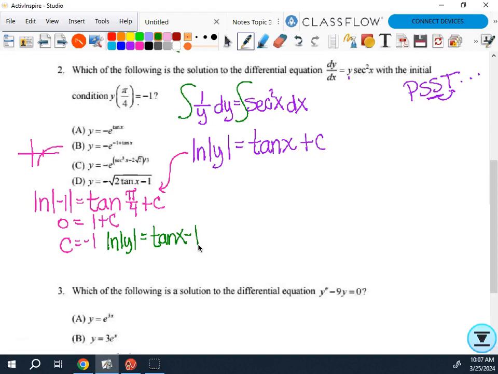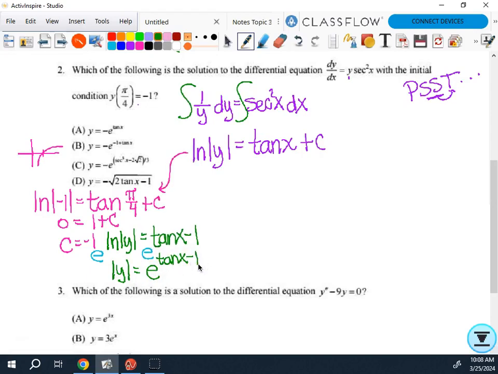So to get y out of the natural log, I'm going to make e the base on each side. This gives me the absolute value of y equals e to the tangent of x minus 1.